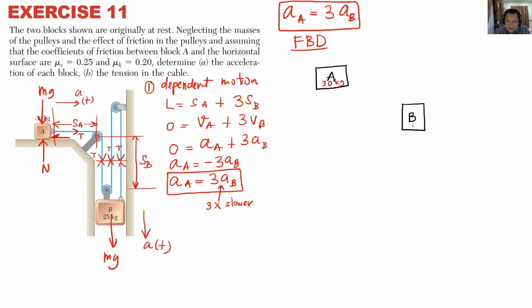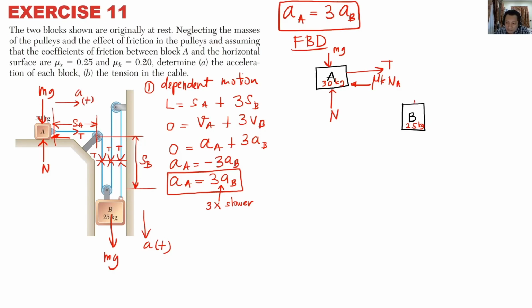Block B, 25 kg. So let's put it back. mg. Normal. Frictional forces will always oppose the motion. This one is equal to mu k times normal A. And then you have tension T.